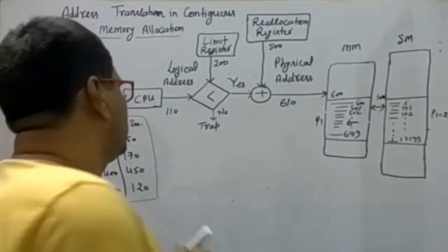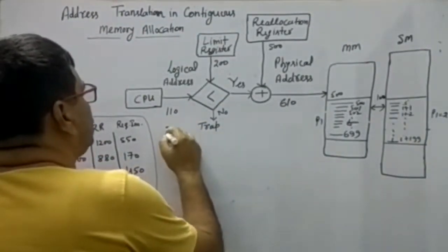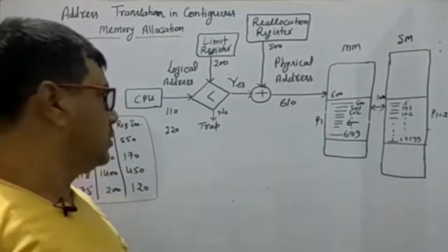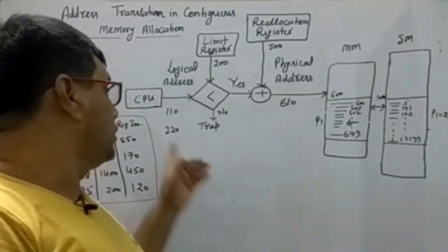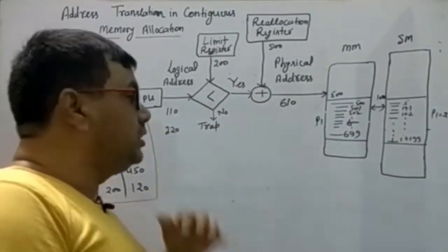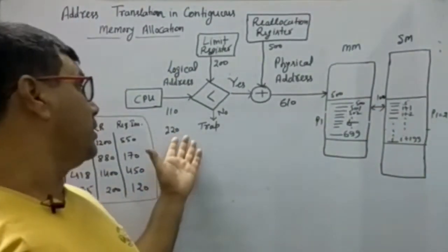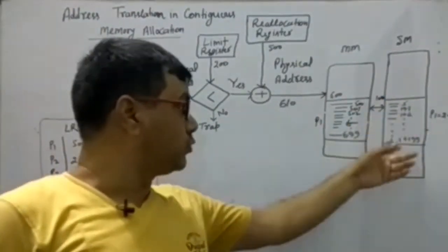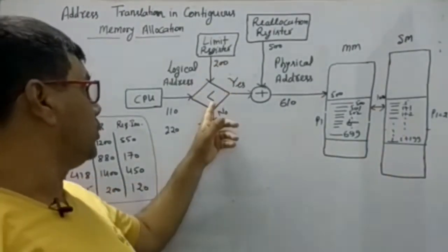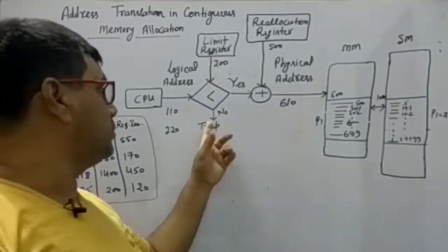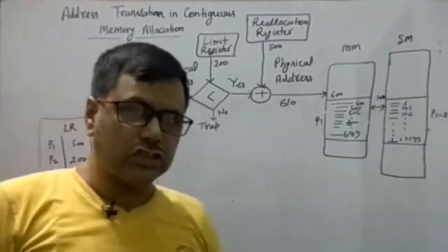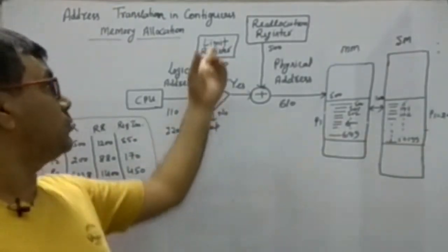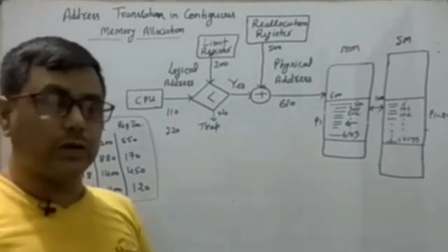For example, if a process wants to access the instruction at address 220, but we know the size is 200, so it will compare, 220 is not less than 200, and it will be trapped. That means the instruction request will be discarded by the CPU and will not execute.